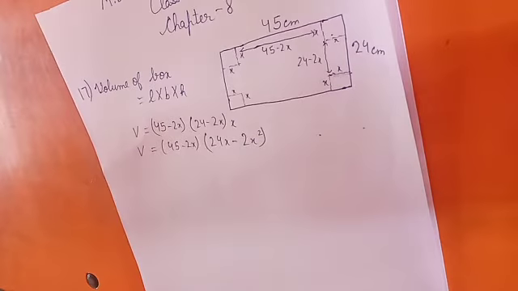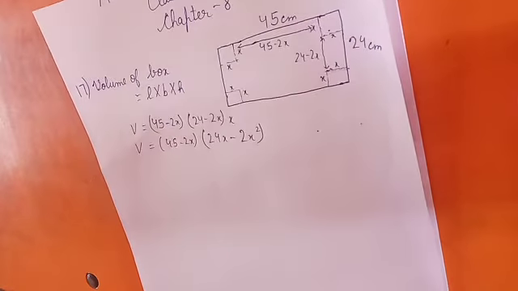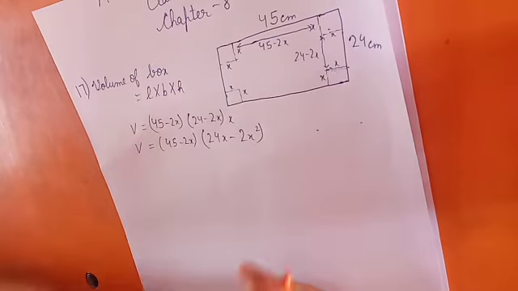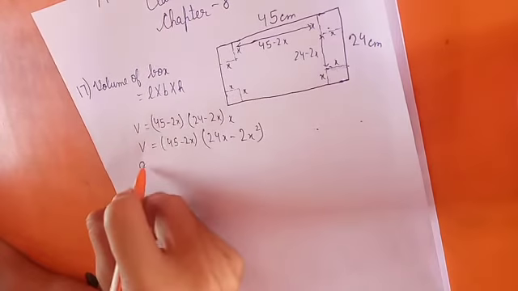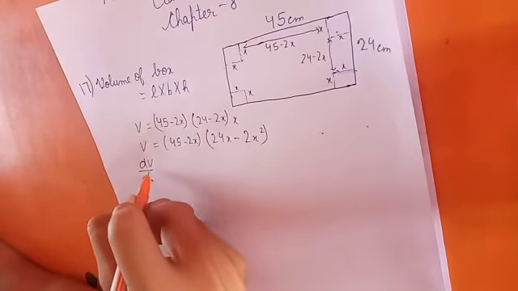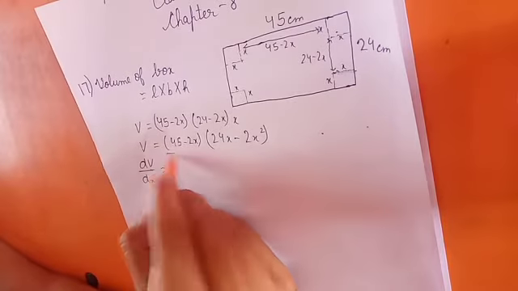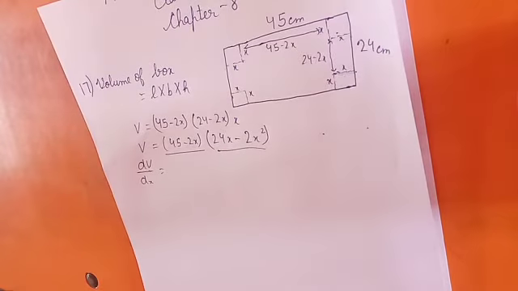So now we have our required value in one variable, and whenever we have it in one variable, first of all we have to differentiate it. So we'll find dv by dx. Now we have two terms, so we will do its differentiation by product formula.